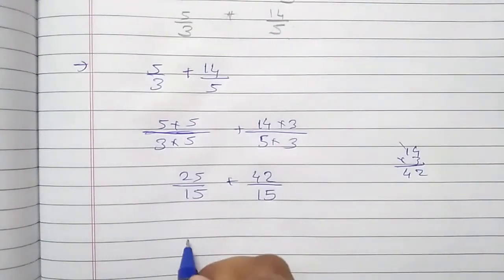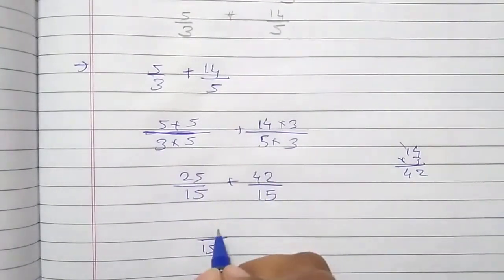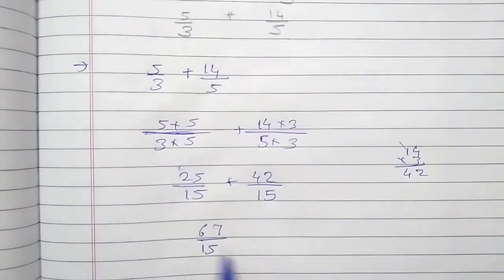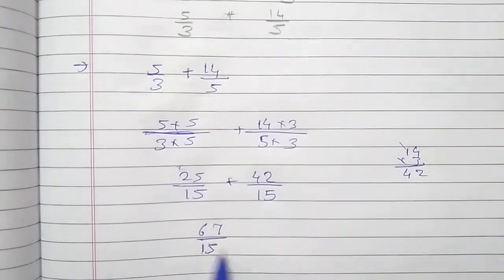Now write here the same 15 and add this: 25 plus 42, 67 upon 15 it came.